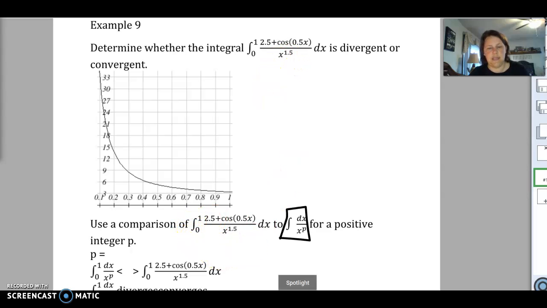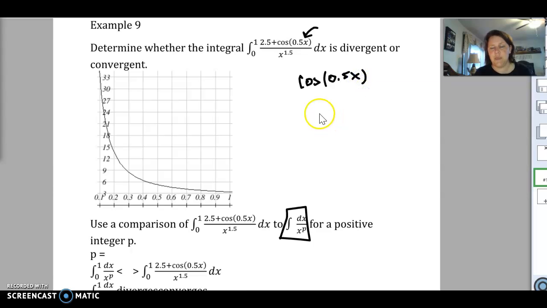Now this one isn't as easy as the last one that we did. So we're going to start with a skeleton of this equation. And I'm going to pull out something that I know about the domain, or the range in this case. I'm going to pull out this cosine 0.5x because I know that I can put boundaries on that.